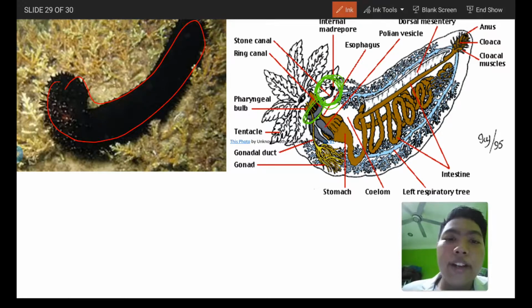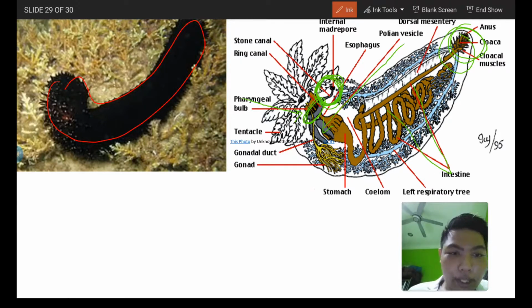This is the pharynx, and this is the Polian vesicle. They have 1 and up to 50 Polian vesicles per holothurian. This is the intestine. This is the anus, and this is the column, stomach, and the gonad. Here is the gonad.